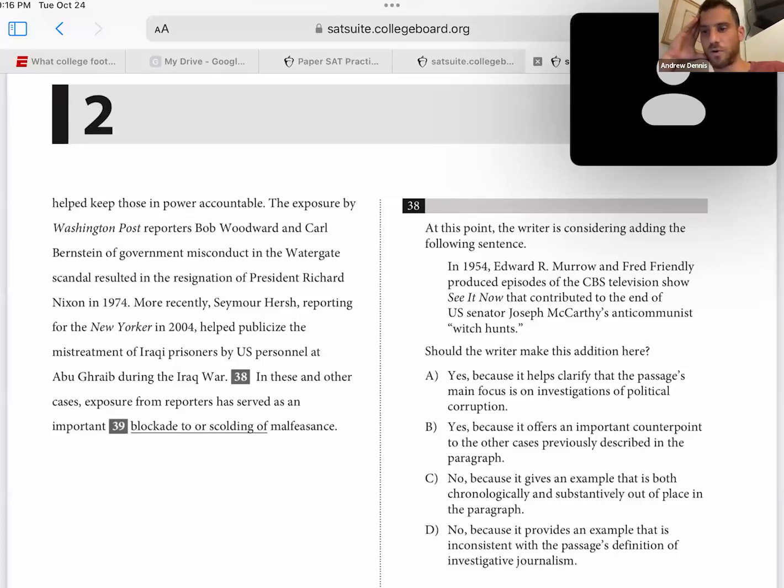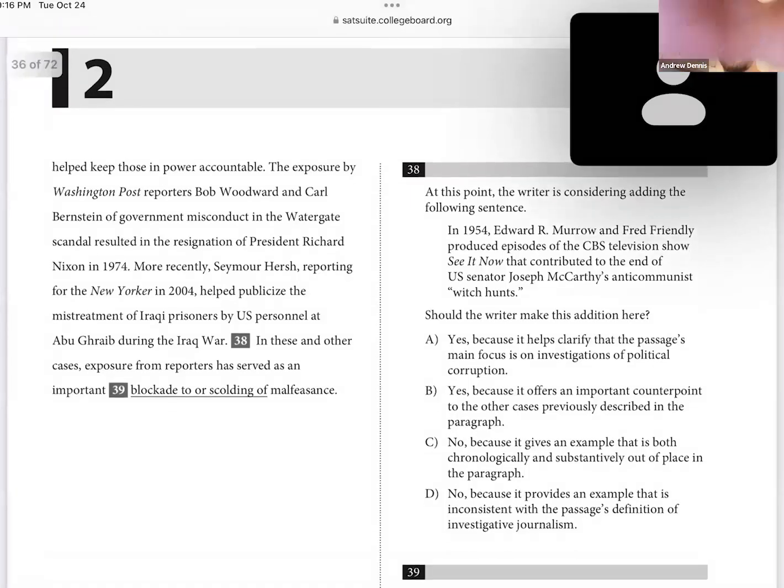Yes, because it offers an important counterpart to other cases previously described in the paragraph. No, because it gives an example that is both chronologically and substantively out of place in the paragraph. No, because it provides an example that is inconsistent with the passage's definition of investigative journalism. We think C, right? It's just out of place chronologically and substantively.